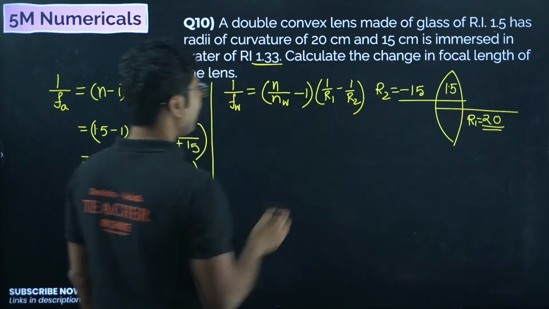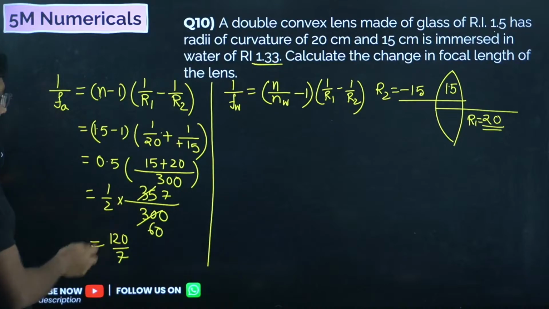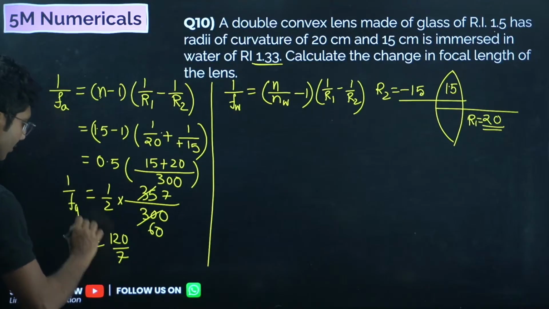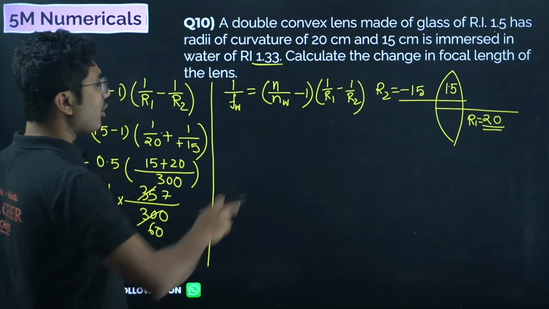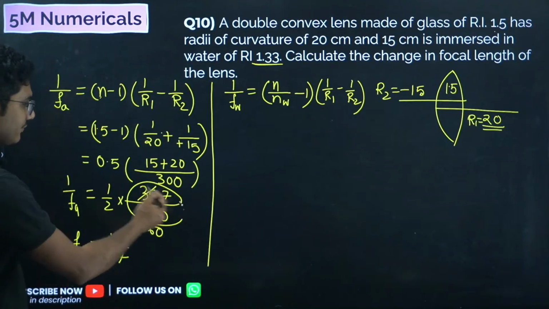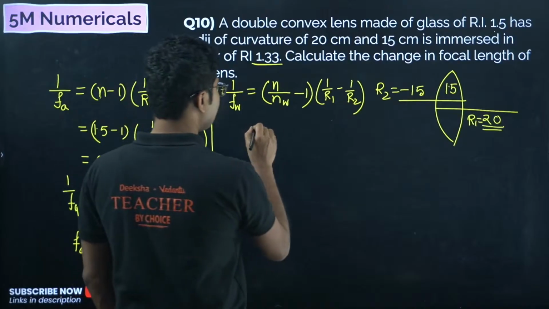Now 1 by r1 minus 1 by r2 we have already calculated. So the only thing we need to calculate is this one.